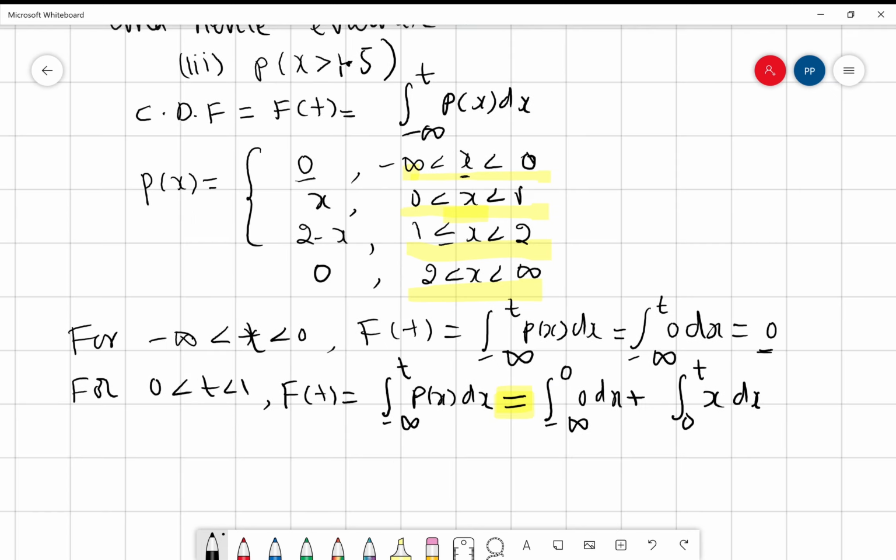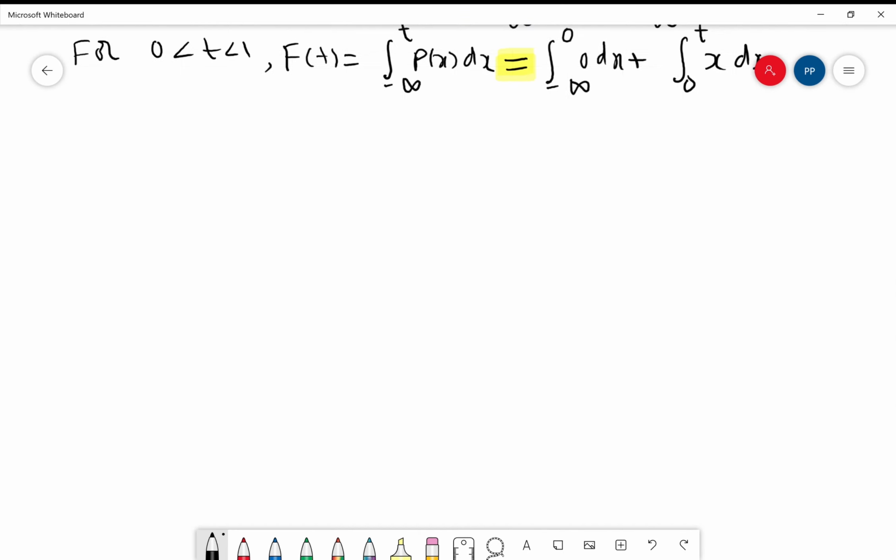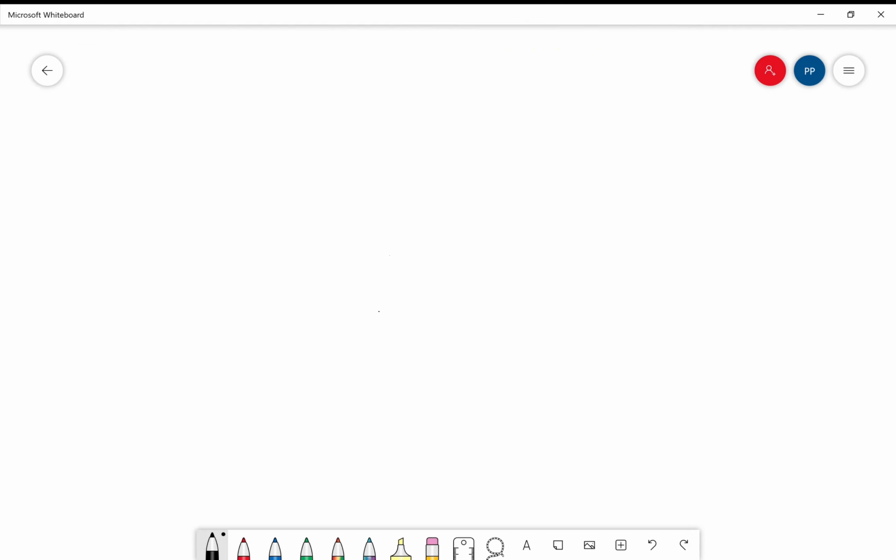Now evaluate this. The first integral is 0, that goes off. Look at the second integral. Evaluating that, you are getting x square by 2 with the limits 0 and t, and if you take the limits, you are getting t square by 2 minus 0 square by 2, that simplifies to t square by 2. Now consider the next interval, for 1 less than t less than 2.